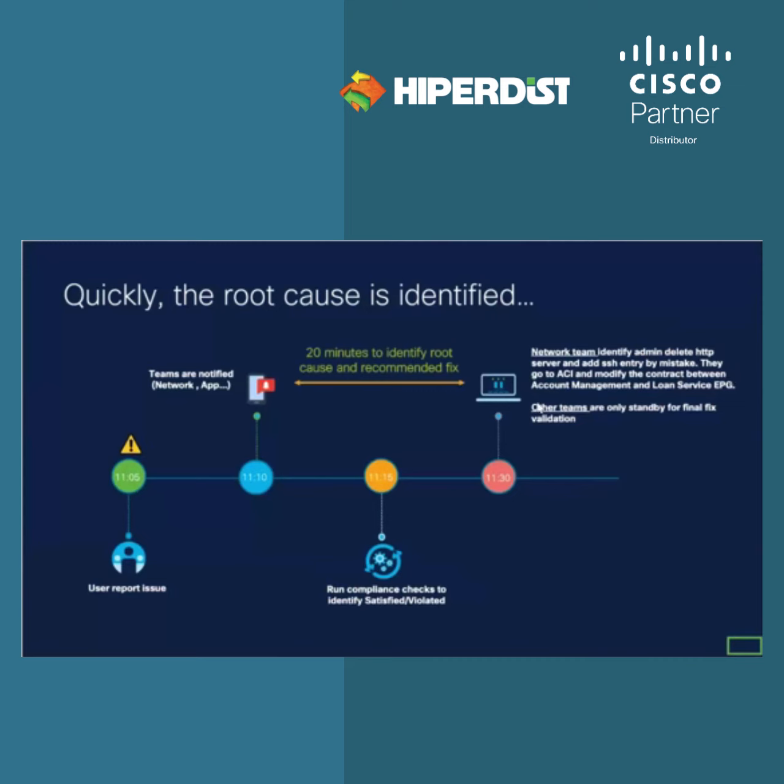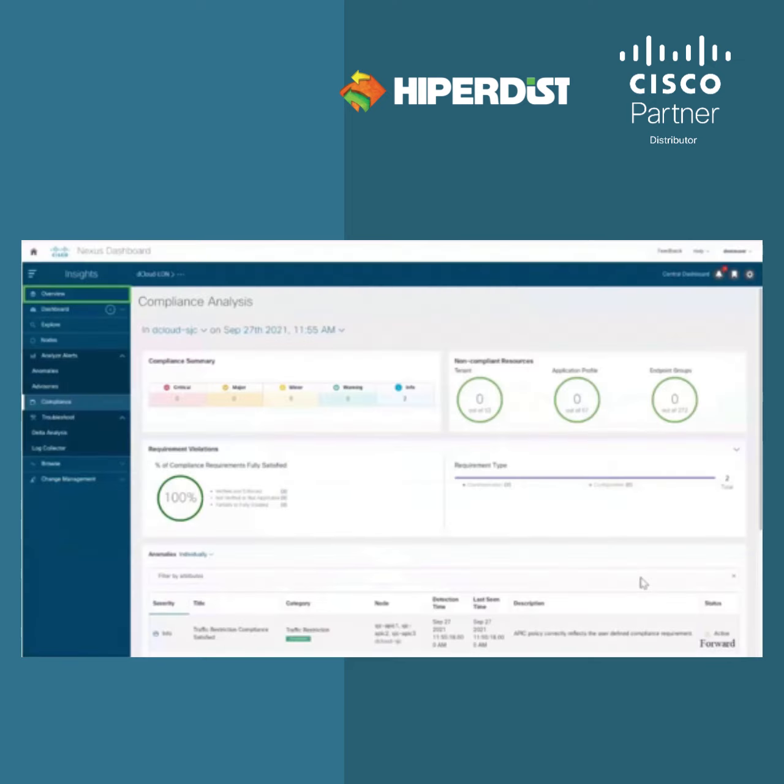Now we need to go to ACI and modify the contract between the account management and loan service EPGs. The compliance is satisfied, and you can use data analysis to prevent misconfigurations. Now return to the dashboard to confirm the status of the anomaly.